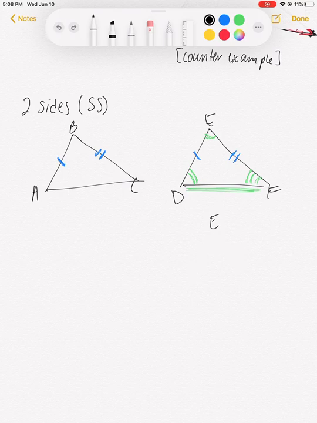Widen angle E. This side has to still stay the same. We'll pretend it's the same length. Opening up angle E to make it wider. There we go. And side EF is still going to be the same.